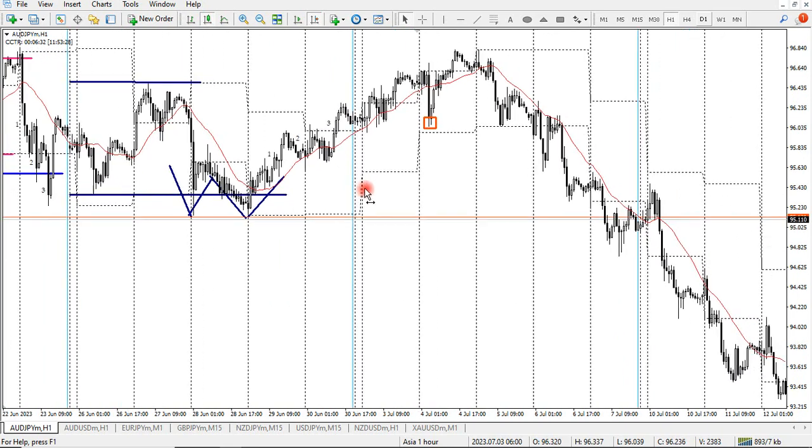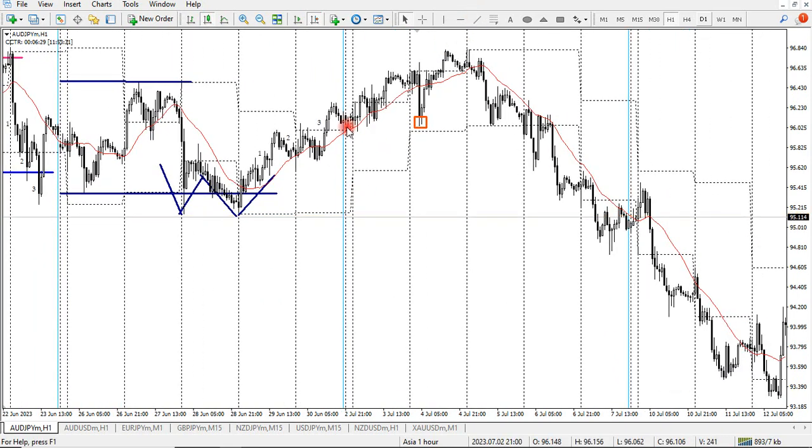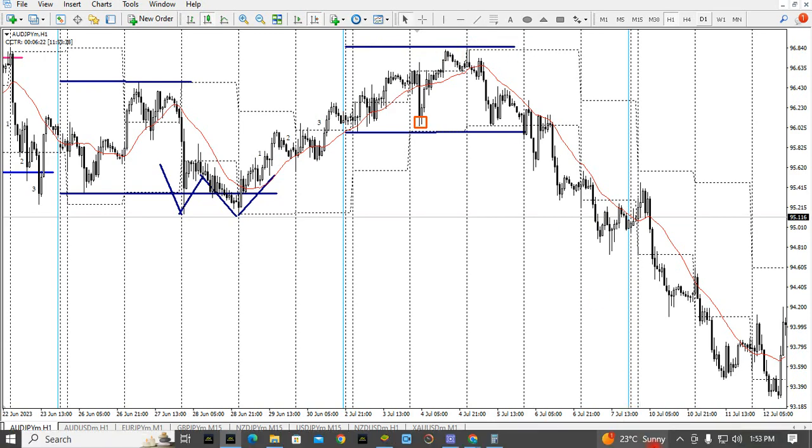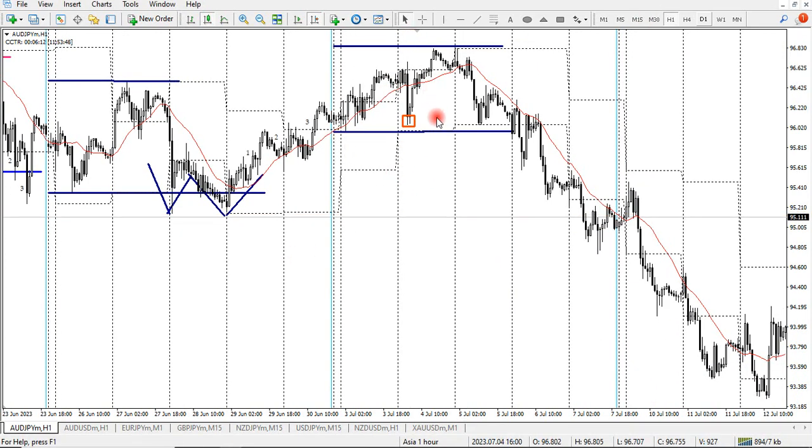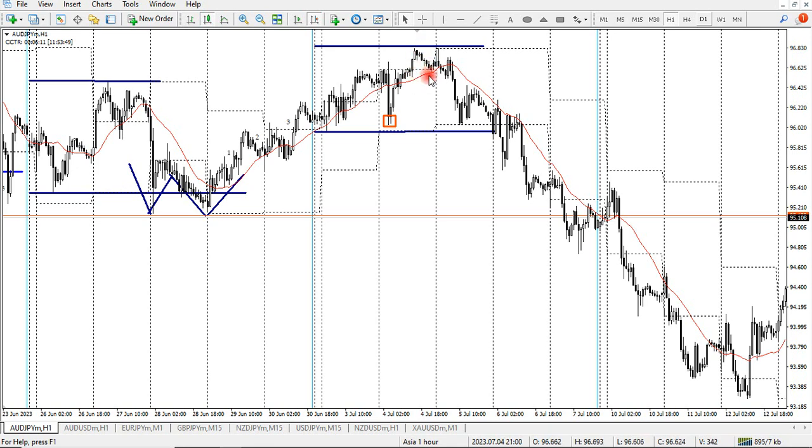So just understand Monday's consolidation and Tuesday's consolidation. I'm not going to say much about this today, but we will have another video where we'll focus on them, because right now I'm looking at the time. It's almost 2 o'clock and I must start preparing for my US session. So Monday, Tuesday, they consolidate, give us 1, 2, 3 tops.